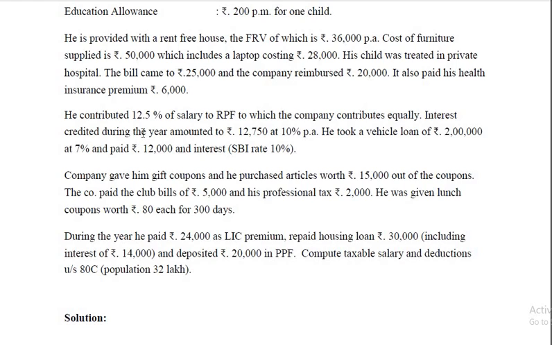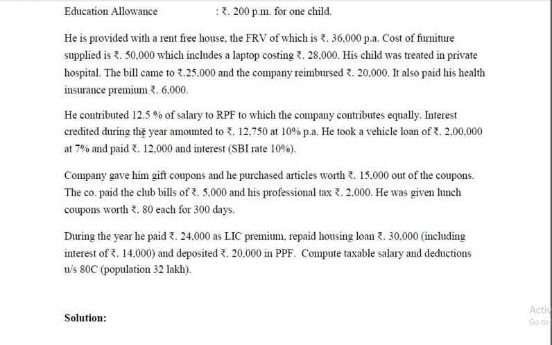Company gave him gift coupons and he purchased articles worth rupees 15,000 out of coupons. See, any gift above 5,000, that is taxable. Any gift, especially in a mode other than cash, that is taxable if aggregate amount exceeds 5,000.